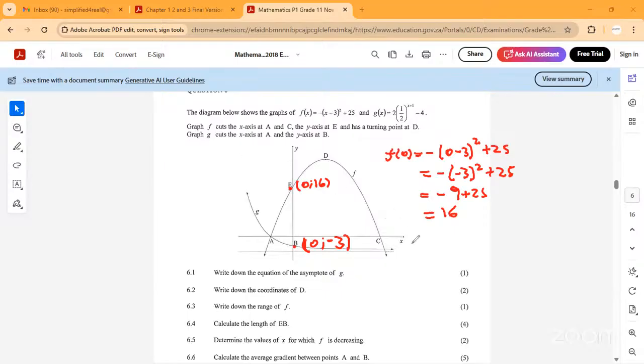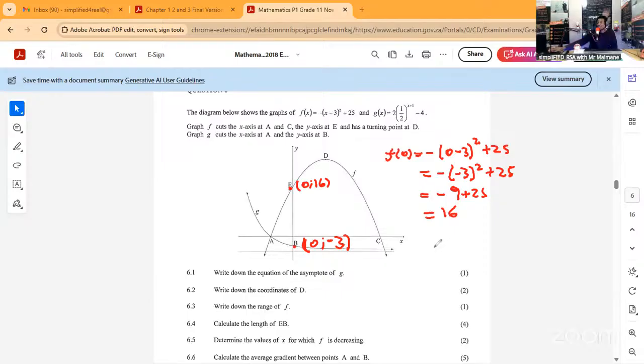I found it the same way, but now with the exponential function, g of x. Because the g of x function is the one that is passing through point B. So g of 0 is going to be 2 times (1 over 2) to the power of (0 plus 1) minus 4. 0 plus 1 is just going to be 1.